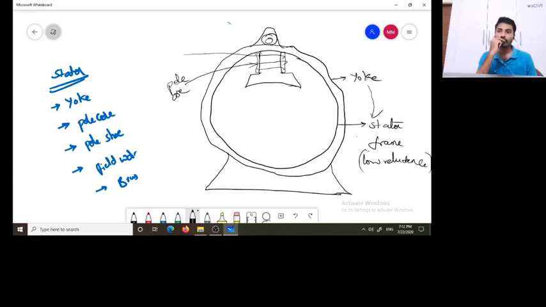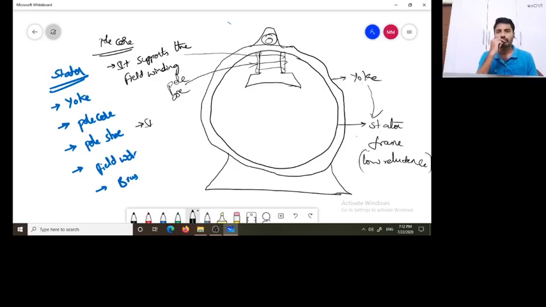Some of these terminologies are not available in English also, so be careful while presenting, so listen carefully. Now I am writing about the pole core. Pole core is nothing but a part that supports the field winding. Now we have understood what the responsibility of the pole core is.